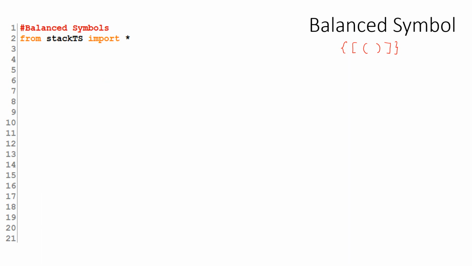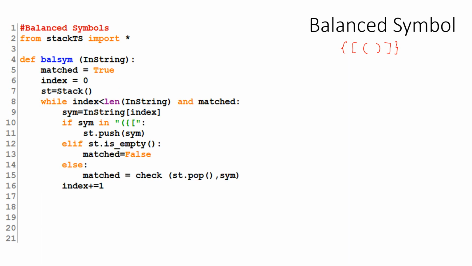Now, when we go with the implementation, we use a balanced symbol function here, and it takes an argument called string. As we pass the value into it, it becomes the string argument. Also, the local variable match is set to true.